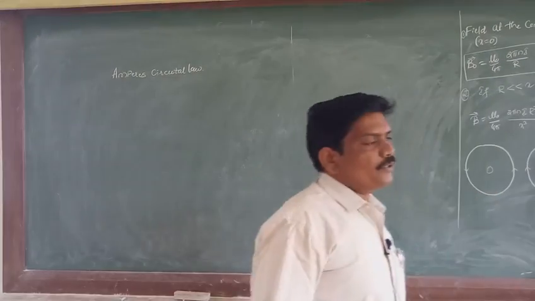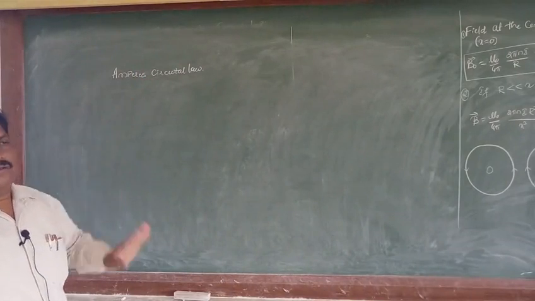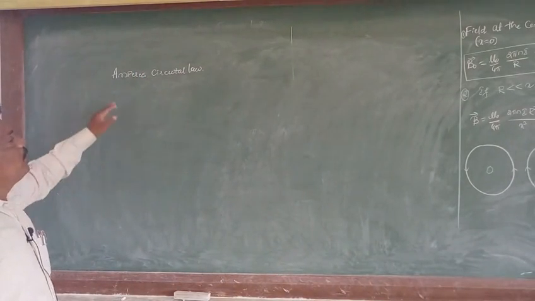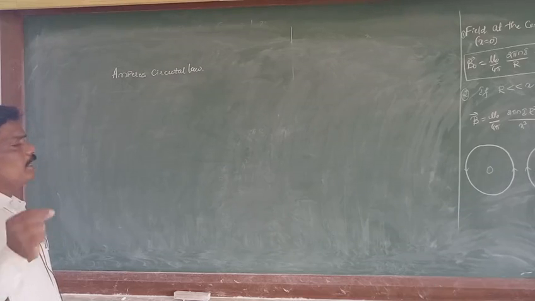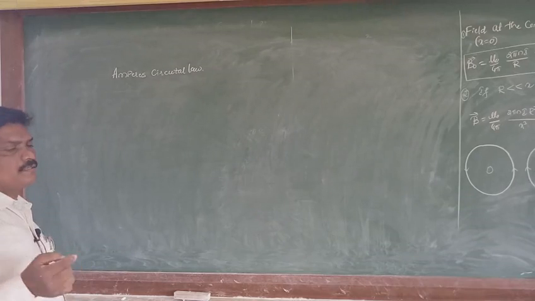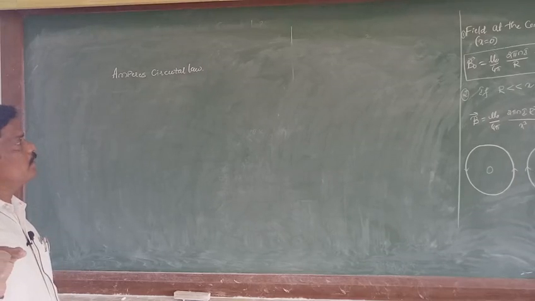So today we have to discuss Ampere's circuital law. See, Biot-Savart law gives the magnetic field due to a current element as mu naught upon 4 pi, I dl sin theta divided by r square.